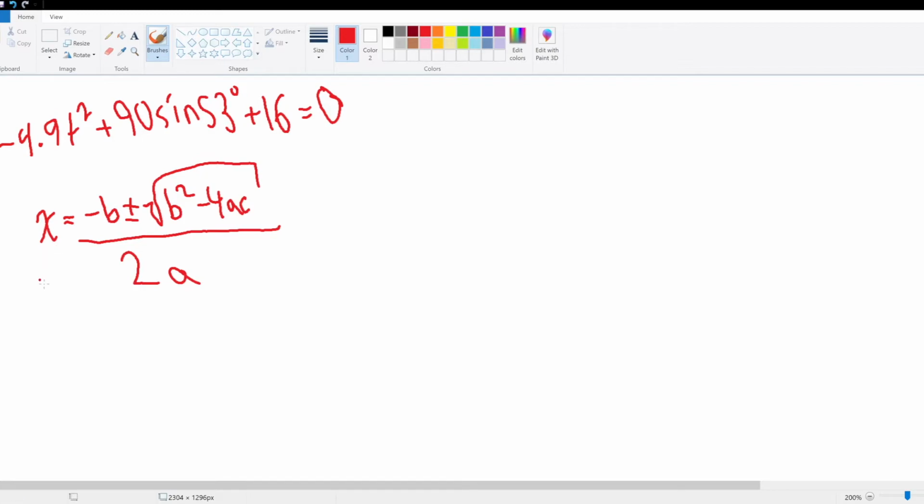Now in this case, x is t, okay? And in this case, a is negative 4.9. And our b is 90 sine of 53, and this is supposed to be t here. Our constant term c is 16.